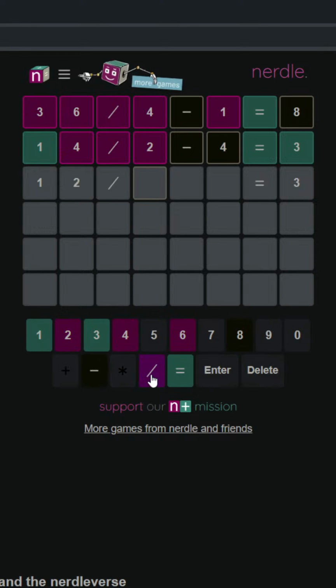Like 12 divided by 3. 12 divided by 4 minus 3. But there's no subtraction. No. This can't be right then. Maybe it's 12 divided by 6, which will give us 2. 12 divided by 6 gives us 2.